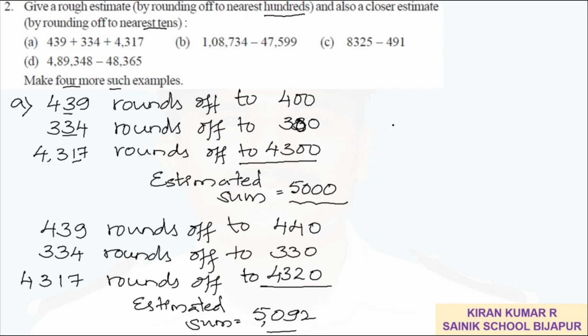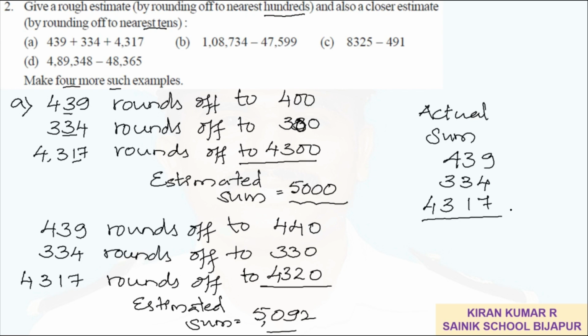Let me find out which one is a closer estimate. For that, I require the actual sum. So the actual sum is the sum of 439, 334 and 4,317.